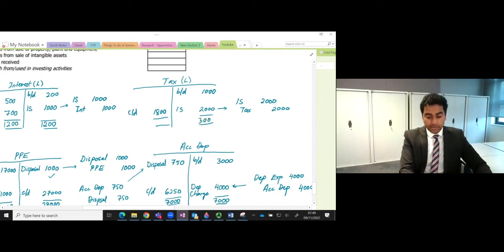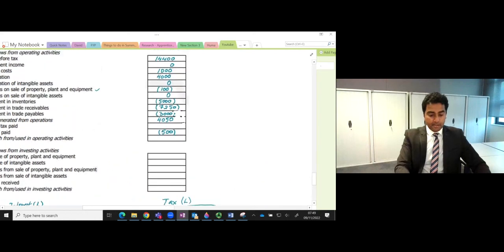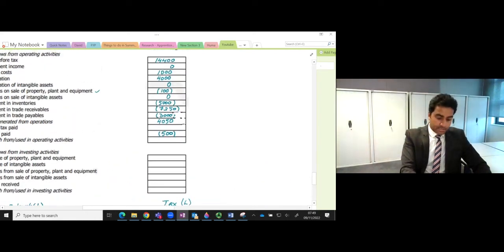I'm going to write £3,000 over here, copy the same figure, £3,000, and subtract 1,800 out of it, and the balancing figure is the amount that has been paid as tax in 2008. And that figure is £1,200. So I'm going to record it as £1,200 tax paid.